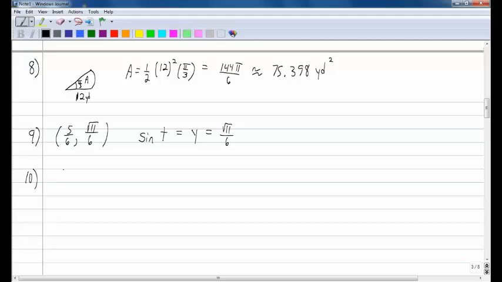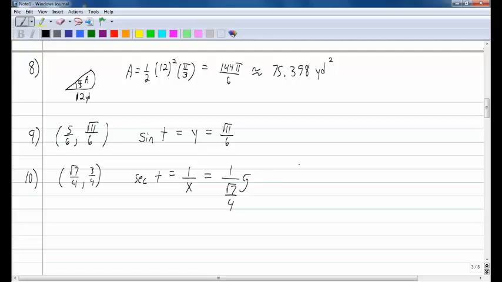Alright, number 10, we're given the point square root of 7 over 4 and 3/4. Find the secant of t. Well, secant is r divided by x, or in this case, since we're on the unit circle, secant of t is 1 divided by x, so that's going to be 1 divided by square root of 7 over 4.